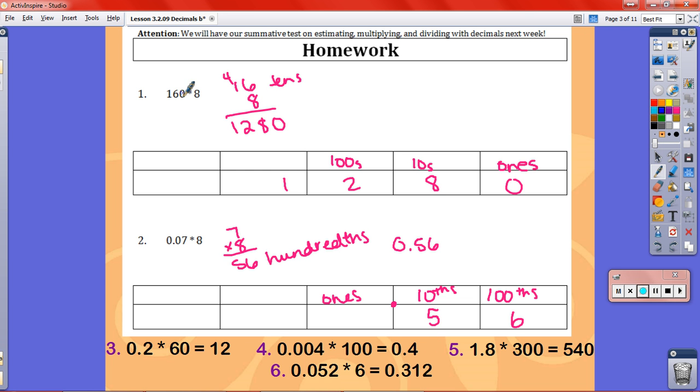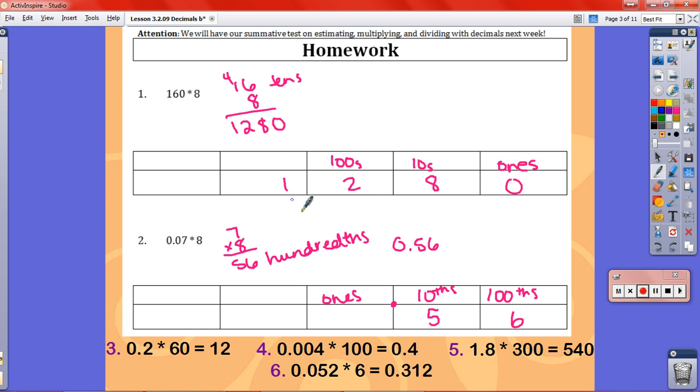So what we have here is 160 times 8, which is 16 tens times 8. So I get 128, and it's tens, so I add a 0. And so it's 128 tens, but there are 0 ones, so we add in that 0, and we get 1,280 ones.